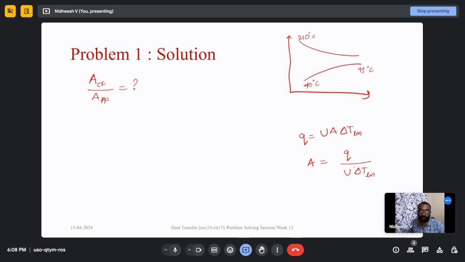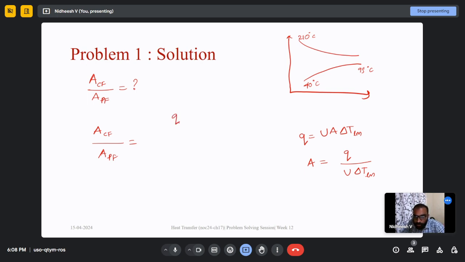Okay, so if we substitute this value in the expression that we need to find out, we can rewrite it as the area of the counterflow heat exchanger divided by the area of the parallel flow heat exchanger, equal to Q by U into delta T log mean temperature difference.